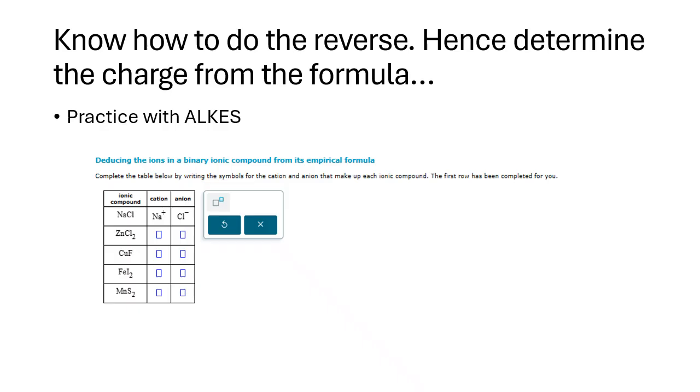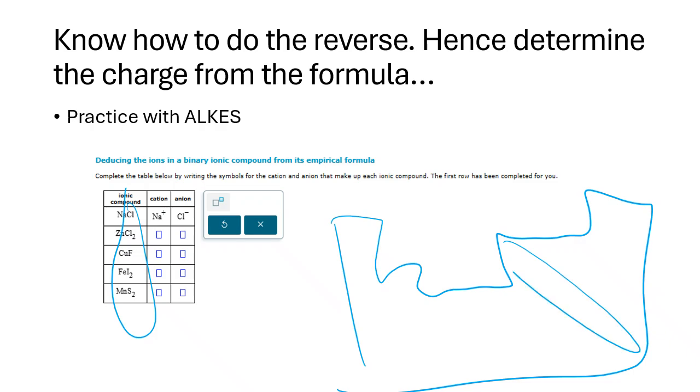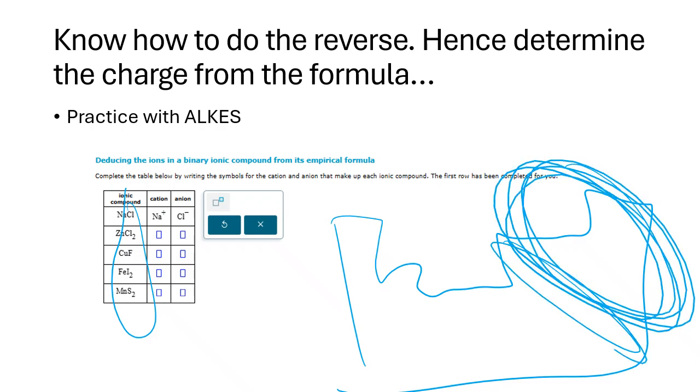So here you're going to have to know how to reverse the charge. To do that, you always just look at the anion. So if you get something like this, on the periodic table, you have the anions over on the right side.